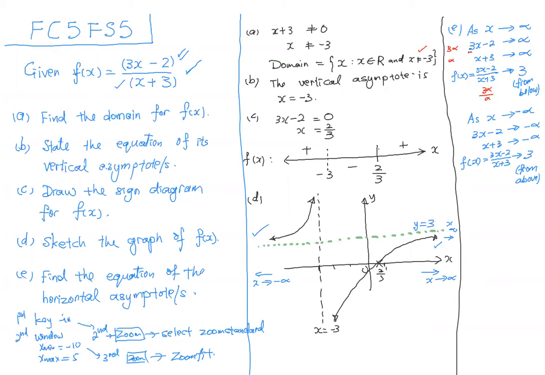So therefore, the horizontal asymptote is y equal to 3. Okay.